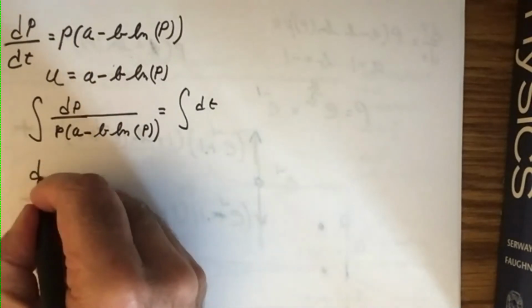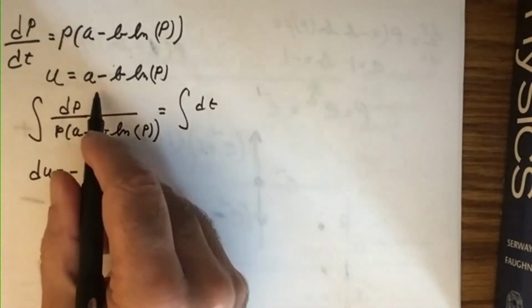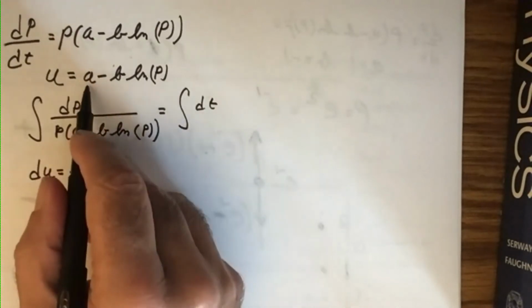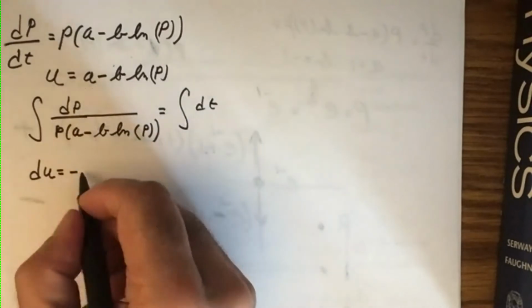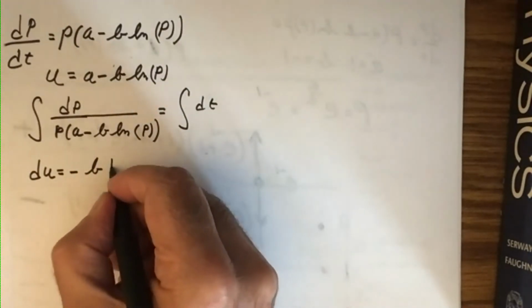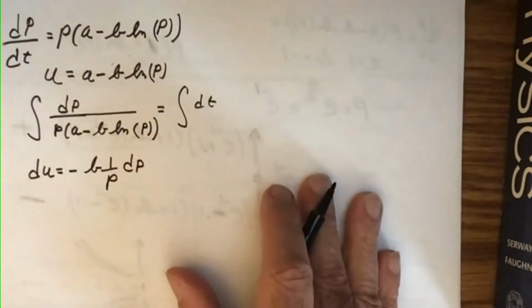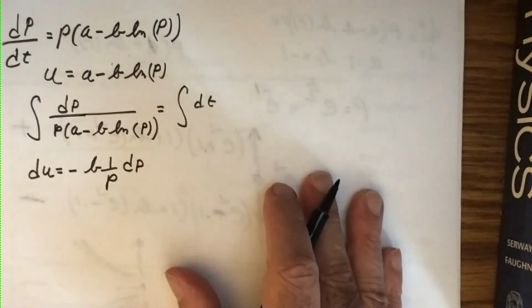Then my du is going to be equal to the derivative of this, which is minus b times 1 over p dp.